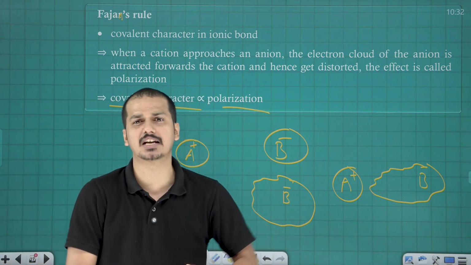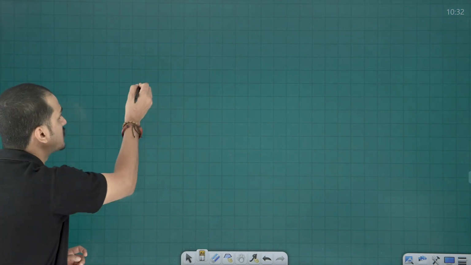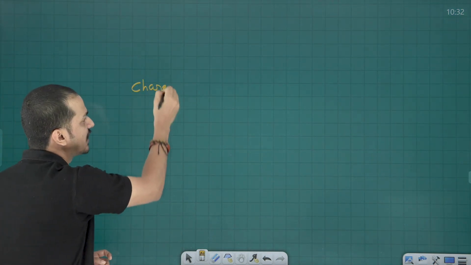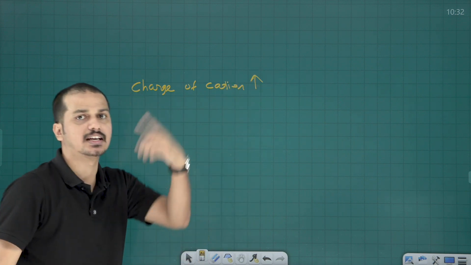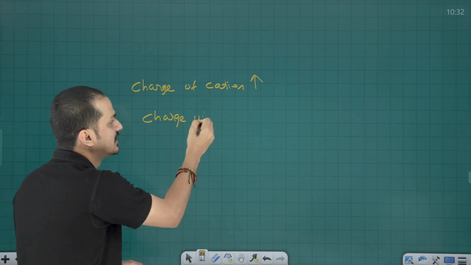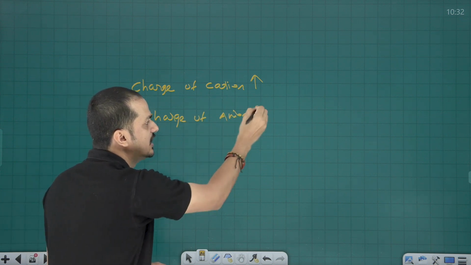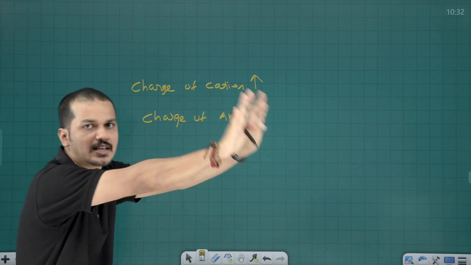So for that, Fajans explained like what? As the charge of the cation increases, covalent character increases. Charge of anion increases, polarization increases. That means charge increases, polarization increases, covalent character increases.